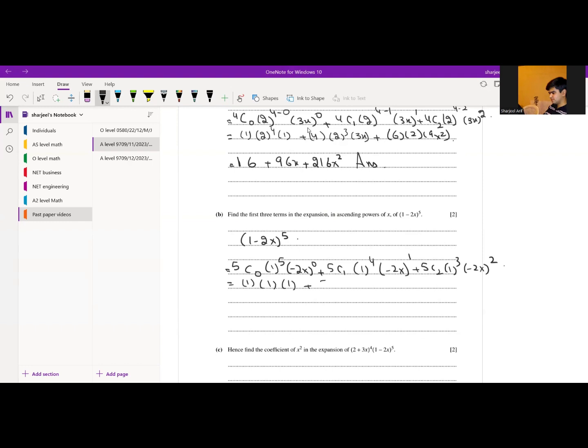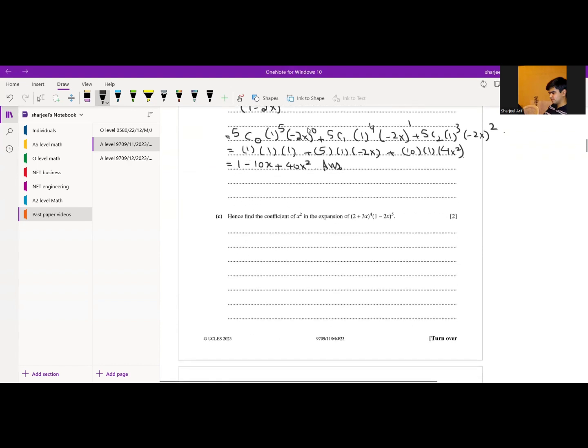For the next one, you will get 5 into 1 into minus 2x. For the next one, you will get 10 into 1 into plus 4x square, right? So you will get 1 minus 10x plus 40x square. So this will be the answer for part 2.